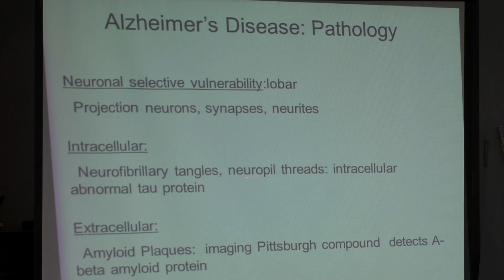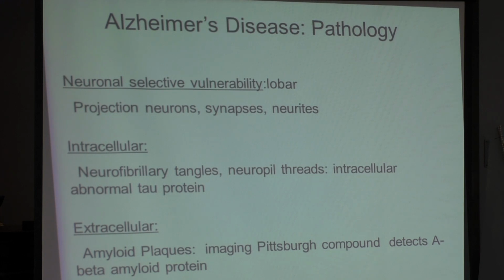This is an intracellular abnormal protein that tends to fold abnormally, and that's very important in the disease process. Many people are working on using that as a marker within the brain. They form what are called neurofibrillary tangles. That's an abnormal aggregation of what had been a normal protein, but which is modified, not genetically necessarily, though there may be small point mutations, but it can be modified post-translationally.